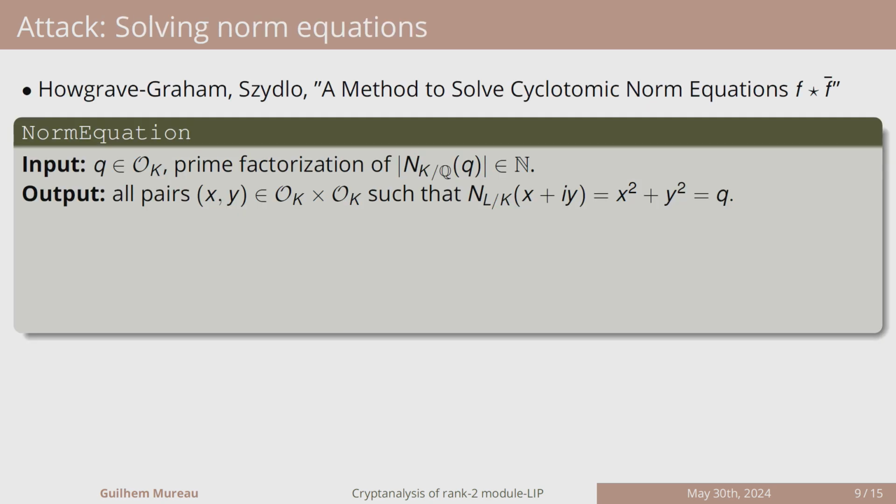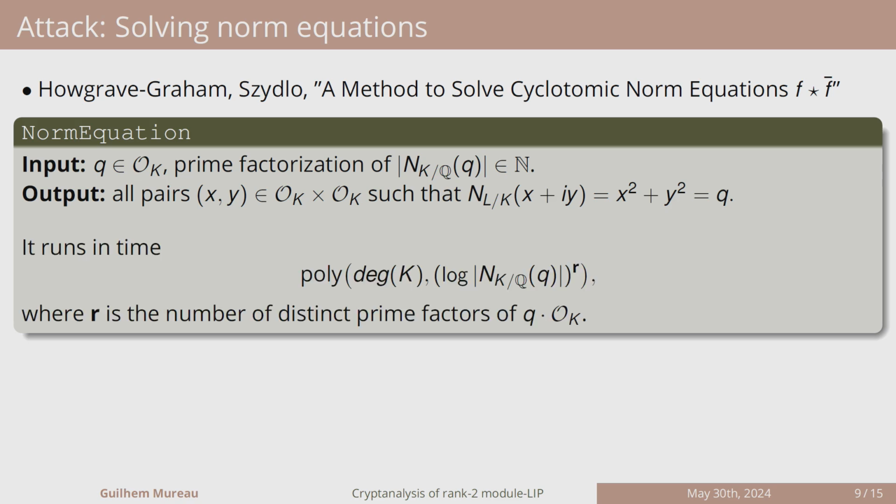To solve the norm equation, we use an algorithm by Hoffstein, Graham and Silverman. As input, it takes an element Q in OK, and the prime factorization of its algebraic norm. This is a really important piece of data. It will output all pairs of elements in OK which are solutions to the norm equation.